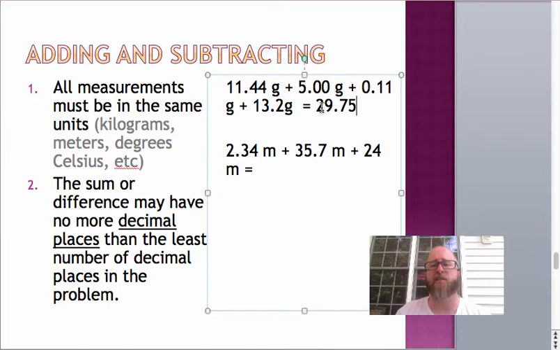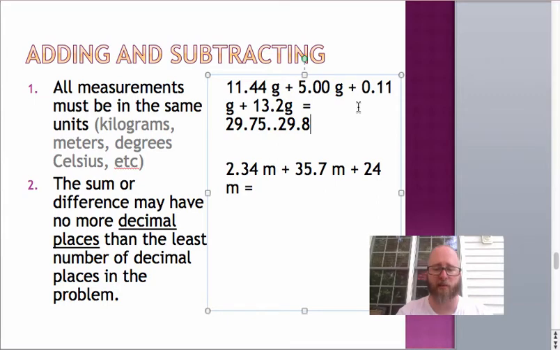So when you look at 29.75 as our answer, we could just knock off this 5 and it'd be 29.7. But we have to look at this 5 here and we have to consider rounding. And we know 5 or above, we round up, 4 or below, we round down. So technically, this answer should be 29.8. And then, of course, that would be grams. And there we have it.